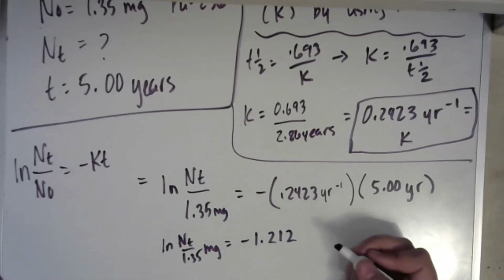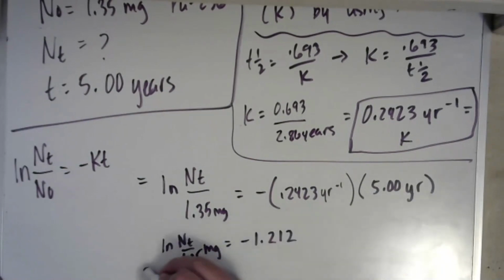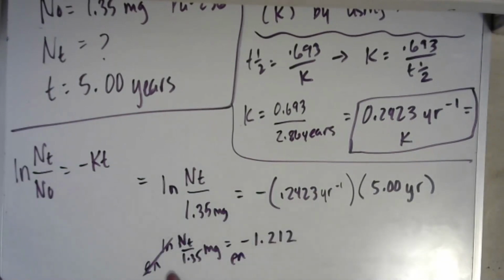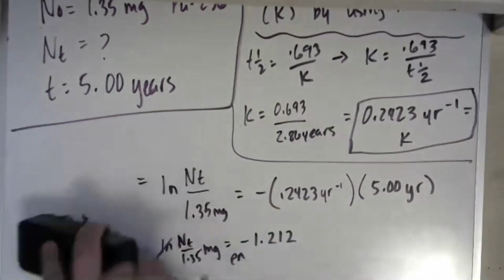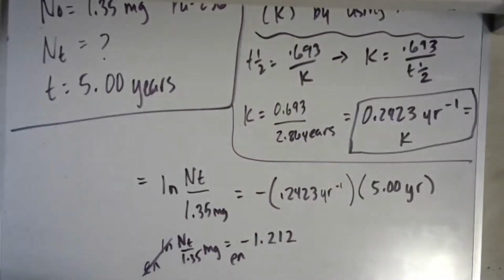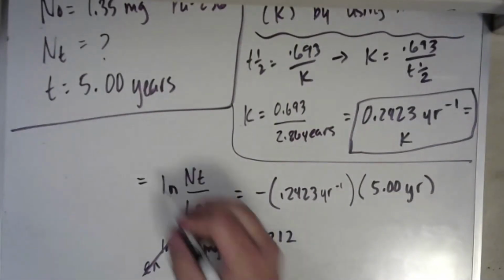All right. And what I'm going to do at this point is I'm going to raise both sides to the e here, so I can get rid of this natural log on this side. All right. So I am going to write more of this equation over here. Switch to a black marker so we can differentiate this a little bit.